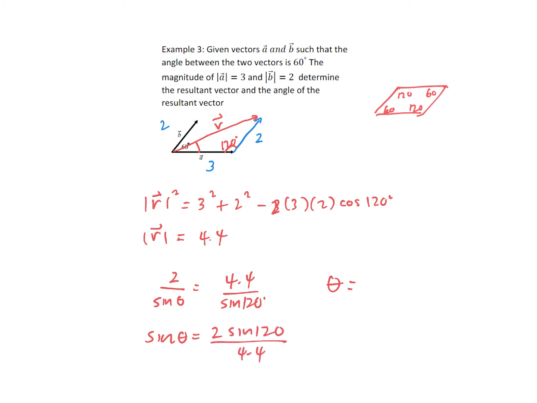We'll do the inverse sine at the end, and it works out to be 23 degrees, which was in relation to vector A. That's the vector it was attached to. If I wanted the other side, I would do the 60 degrees, which was the angle, minus 23, which works out to be 37, and that would be in relation to vector B. So either direction is acceptable. Both of them are relevant.